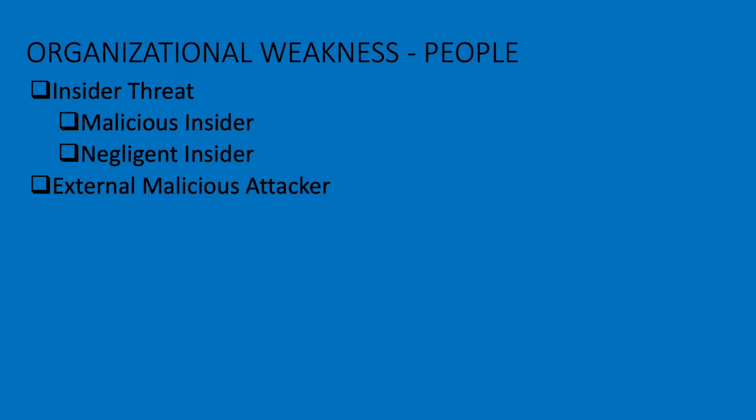The insider threats can be malicious or negligent, and people-related threats include external malicious attackers too. Organizational weaknesses that are people-related can be due to insufficient knowledge of security measures, a lack of a security program, and failure to adhere to security measures by a negligent insider.